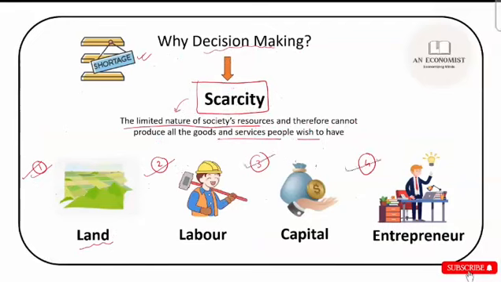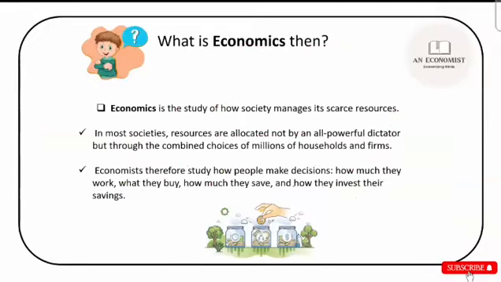So in economic terminology, if someone asks you, what do you understand about society's resources? You will say there are four factors of production which are considered as resources of the economy. What are they? They are land, labor, capital, and entrepreneurship. So there are these four factors of production that any economy is concerned with, right? I hope this is understood.